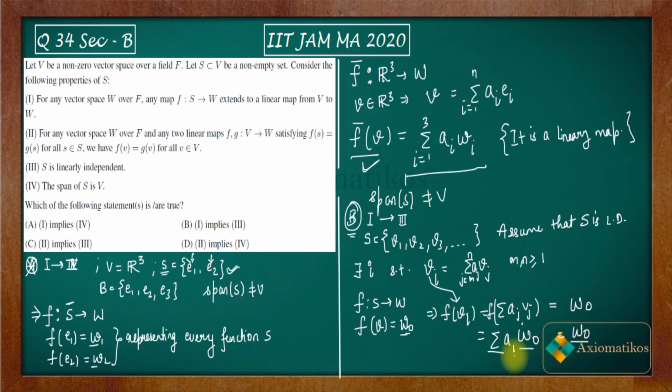It can happen that these constants Aj will be such that the linear combination with W naught gives you W naught. I am not denying that.